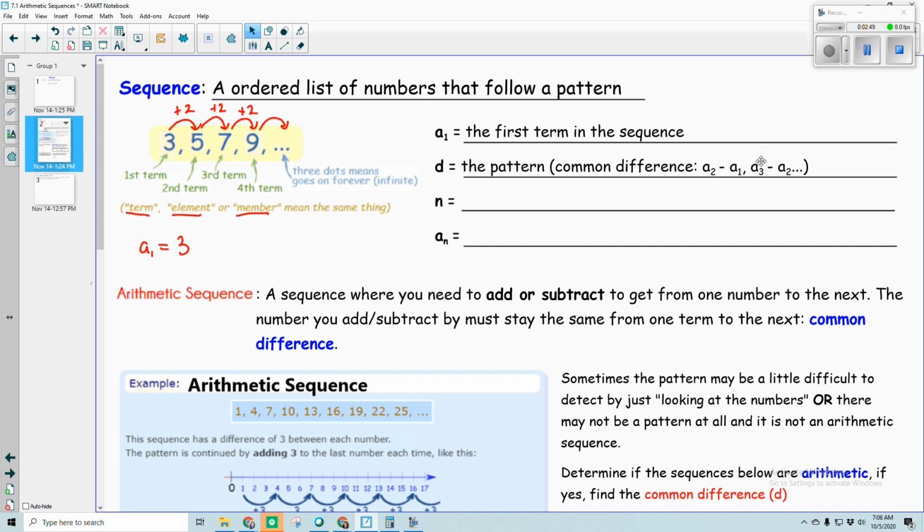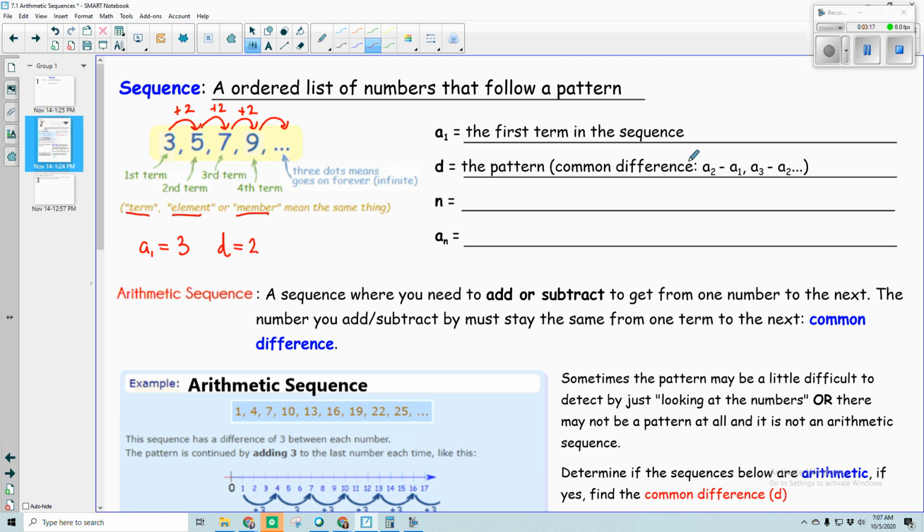Then I repeat this process: I take the third term and subtract the second term, the fourth term and subtract the third term, and so on. Every time I do this subtraction, I should get the same number. This plus 2, plus 2, plus 2 pattern is what d equals. So d is equal to positive 2.